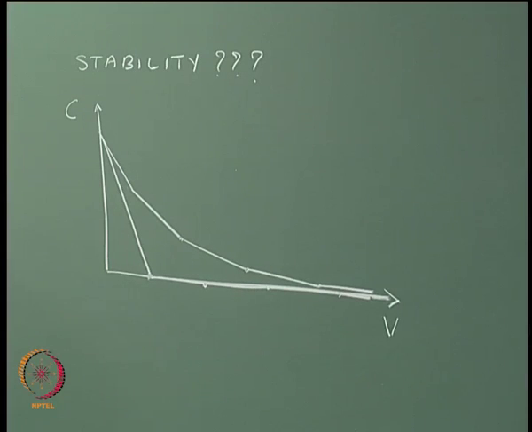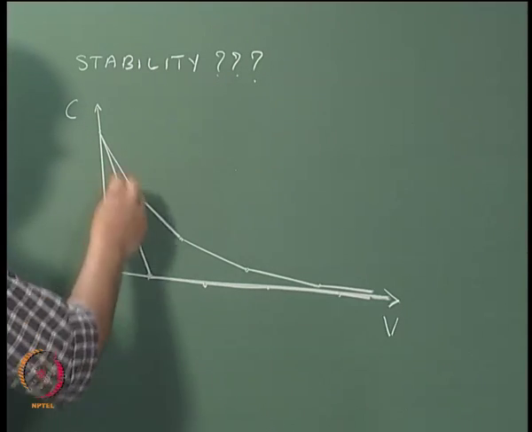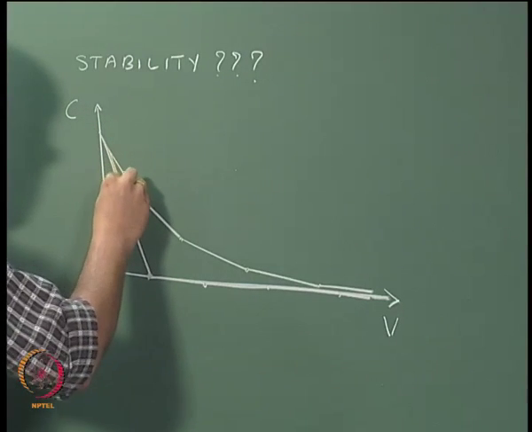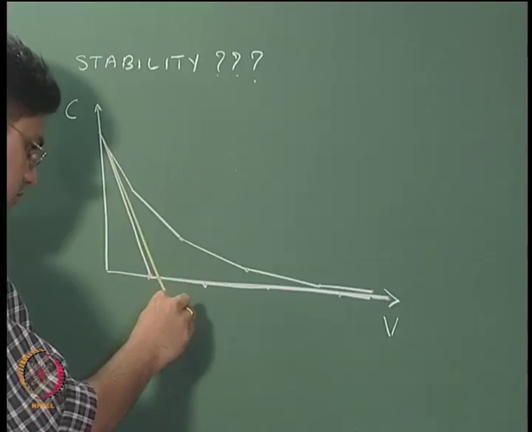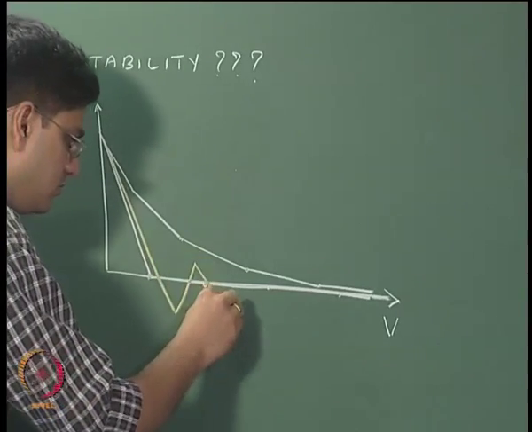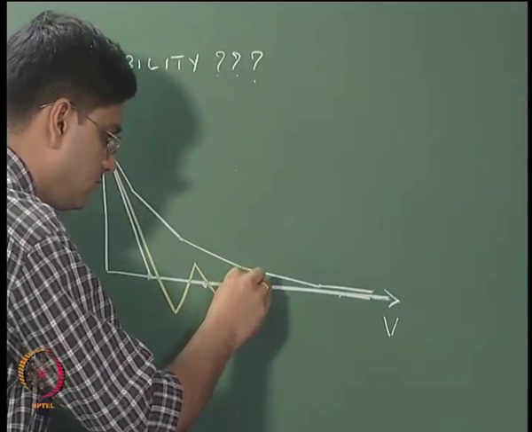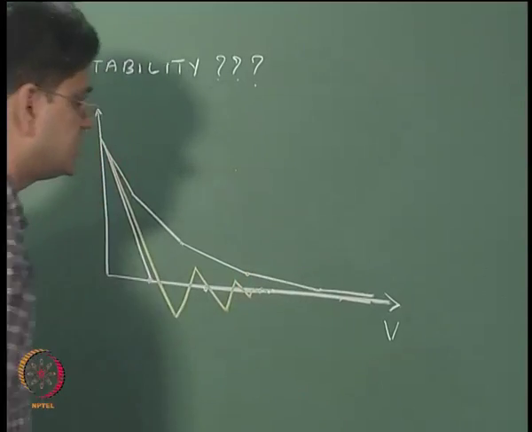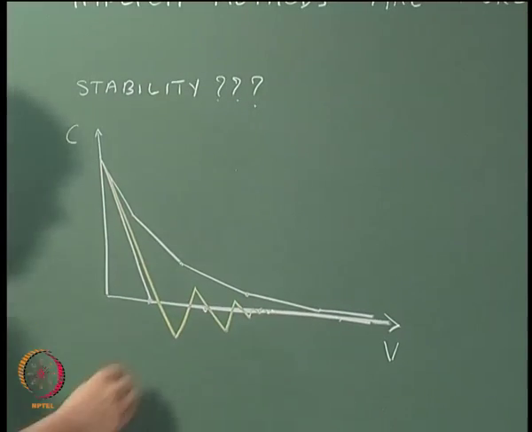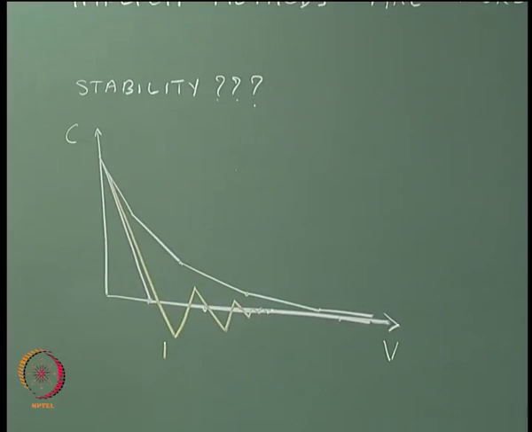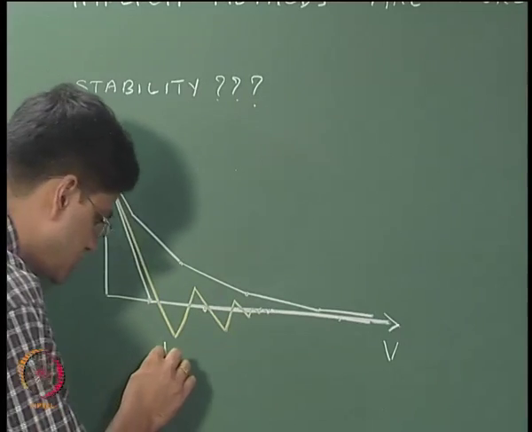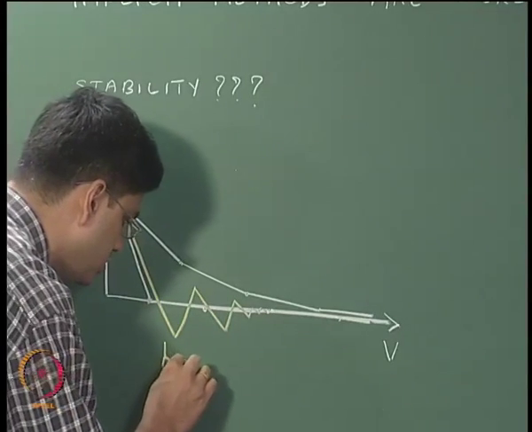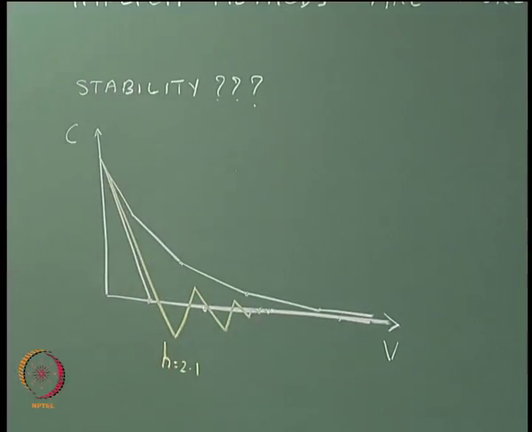When we used the value h equal to 2.1, the results that we got were something of this sort. Again this is a cartoon, so this is not exactly drawn to scale, this is just to show you what we get.